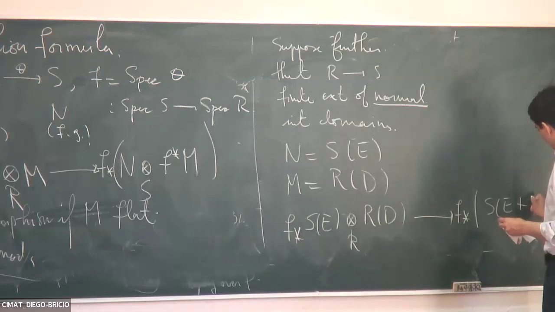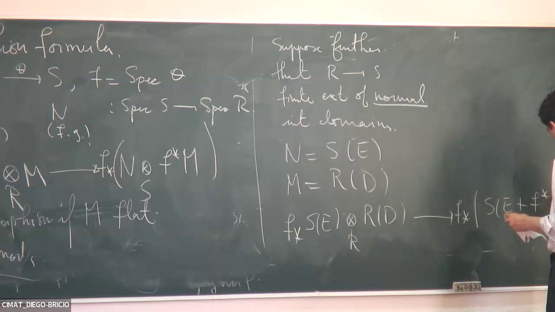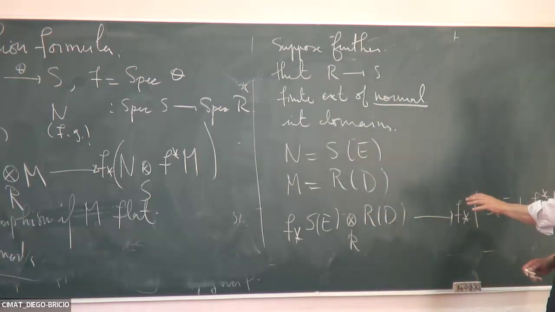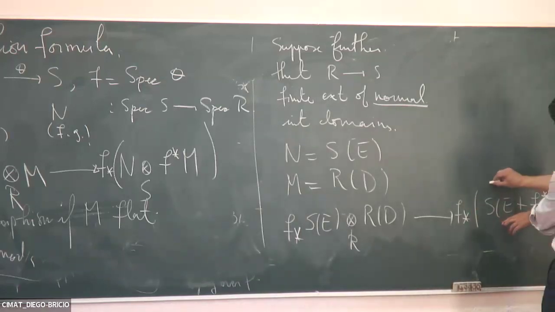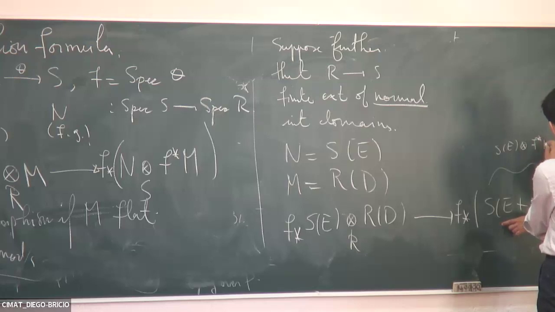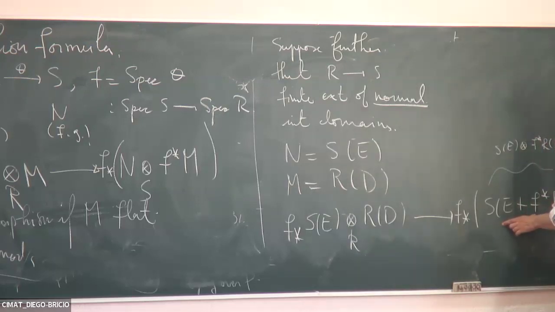So here I'm going to put the pullback. Am I missing a parenthesis? Yes, just like this. And what I'm going to claim here is that this is a reflexification too. Technically speaking, what I'm doing is to take S(E), tensor the pullback of R(D). That's what gives me the map.